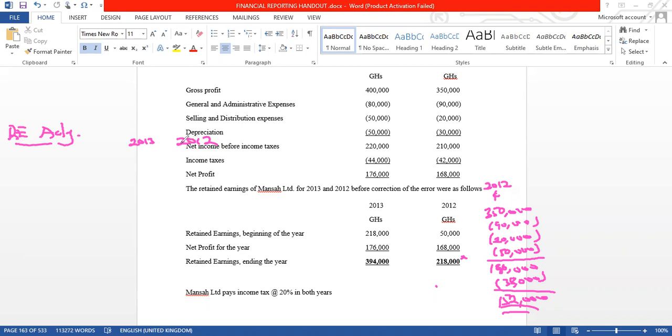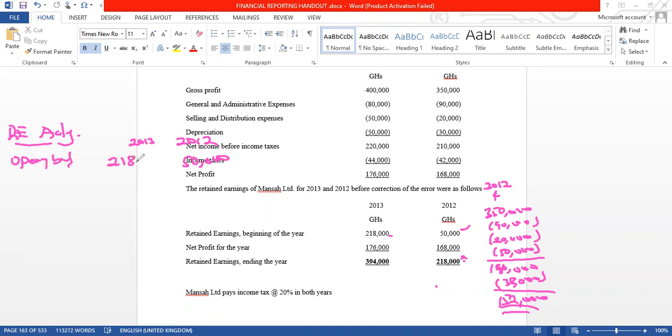All right. So the opening balance of retained earnings for 2012 will be 50,000. And this closing of 2012 becomes the opening, as we see here. So we need to go through. These are opening balances at the beginning.